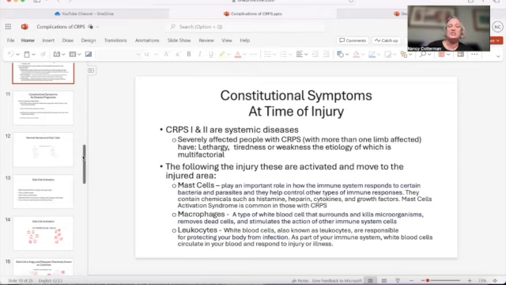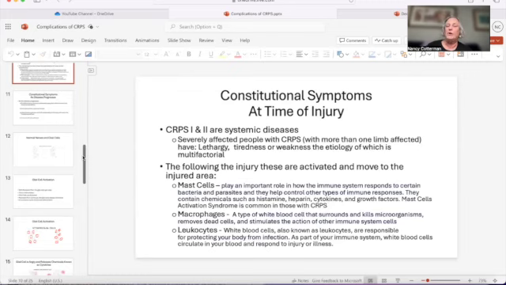Mast cell activation syndrome is common with those with CRPS, and the activation syndrome causes allergic reactions, sometimes very severe, in people with CRPS.